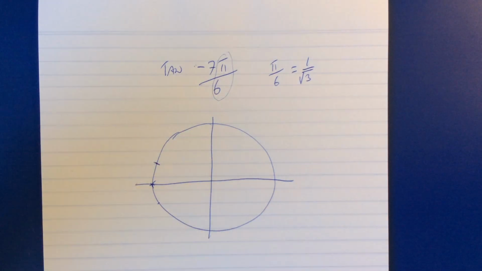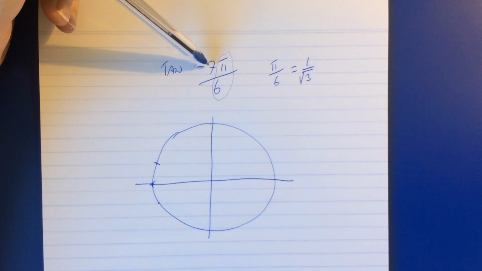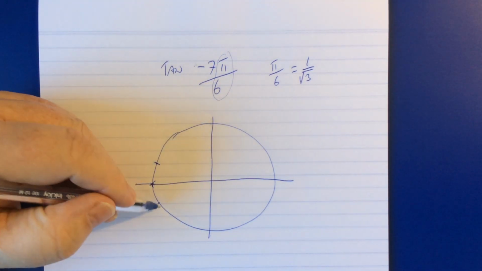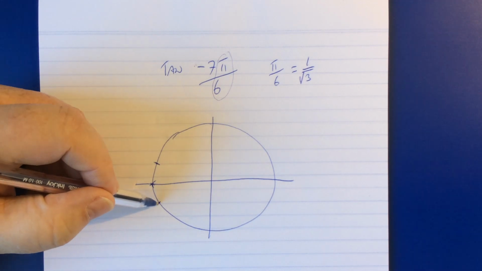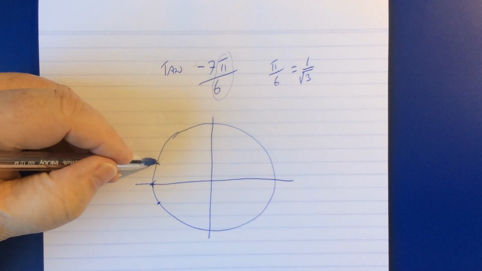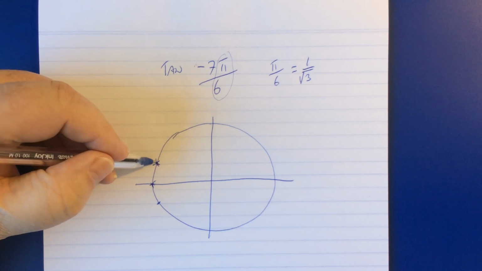Now I'm aware that times have changed and the teaching in some places is slightly different, and you will be told to treat this as if it is positive 7 pi on 6, which would be down here, and then to reflect the point that you get to in the x-axis, and that would mean that you wind up here.